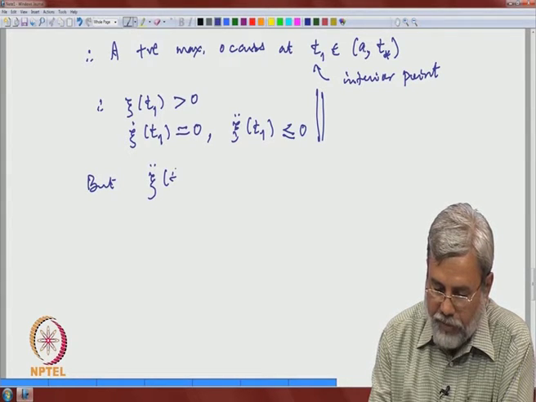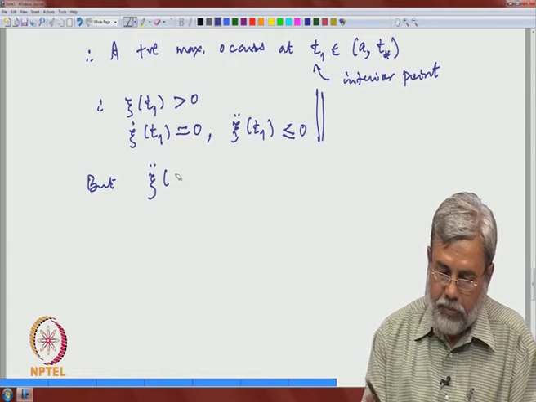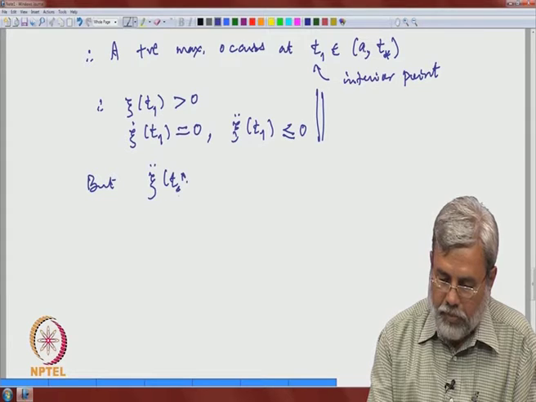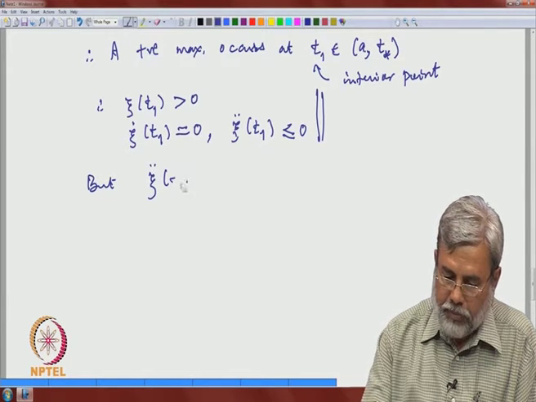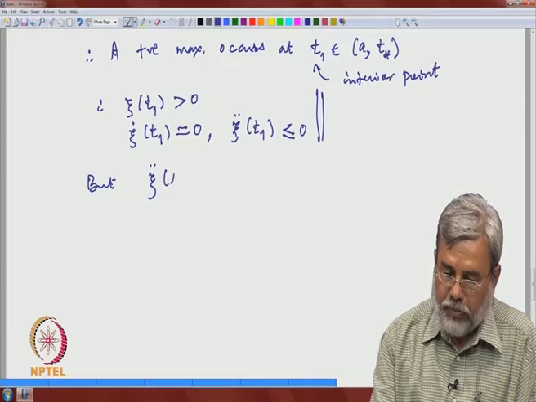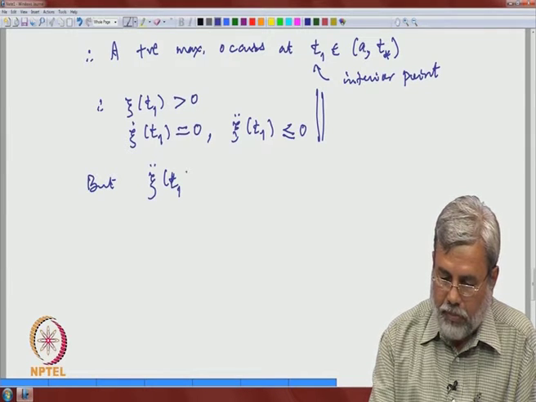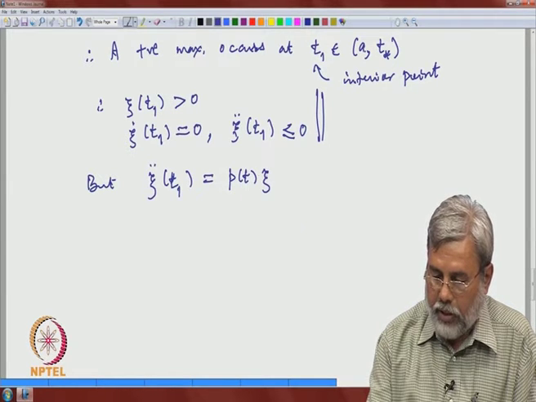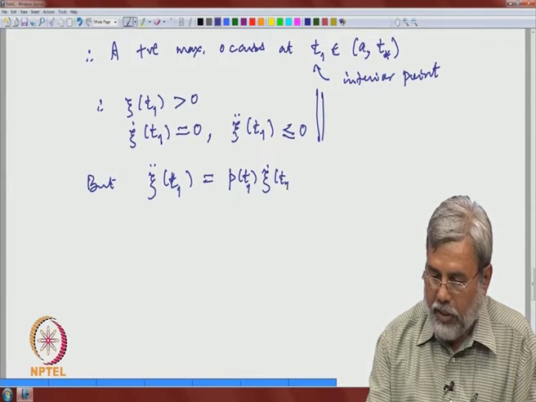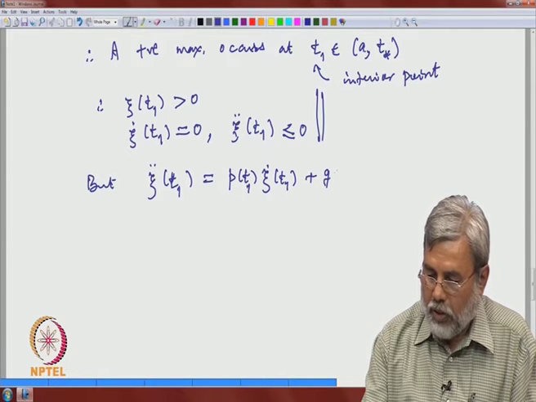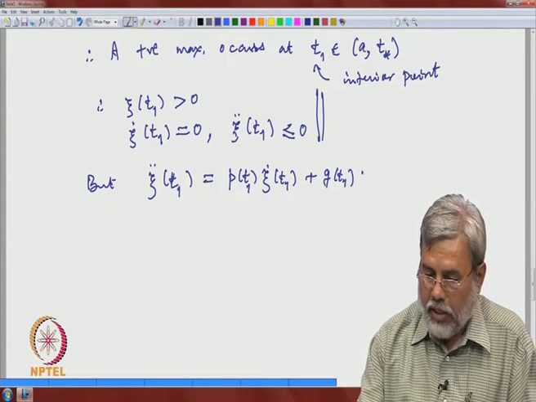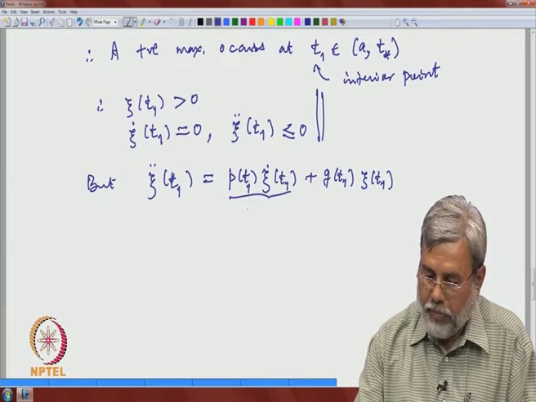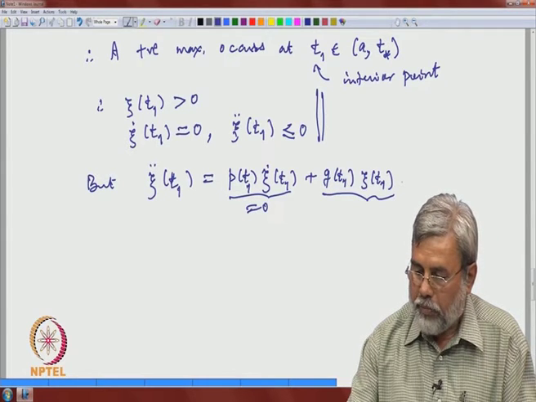So, J double dot T 1 is equal to Pt1 xi dot T1 plus Qt1 xi T1, and again this is 0 and this is positive.